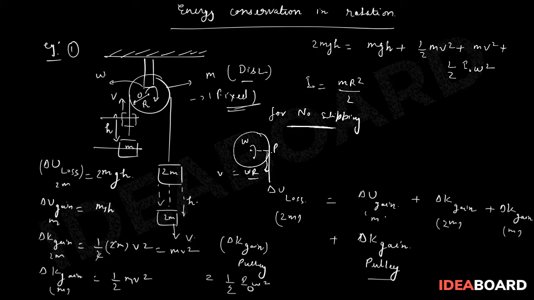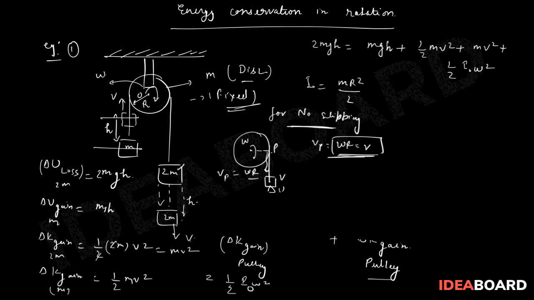And this will be Vp. And of course, because of the translational motion, because of this block is moving with velocity v here, so of course this velocity will be v. So Vp is omega r and Vp is v itself. That means v is equal to omega into r. So in future, we can utilize this relation. So let us remove this segment now.